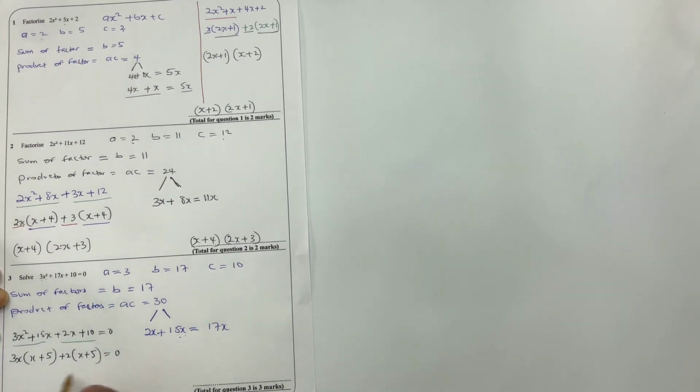But there's another common factor, x plus 5, and what's left will be 3x plus 2. So my solution will be 3x plus 2 and x plus 5 equal to 0.